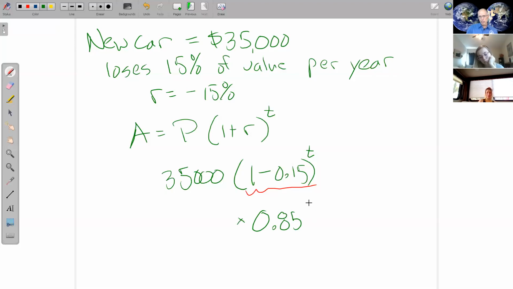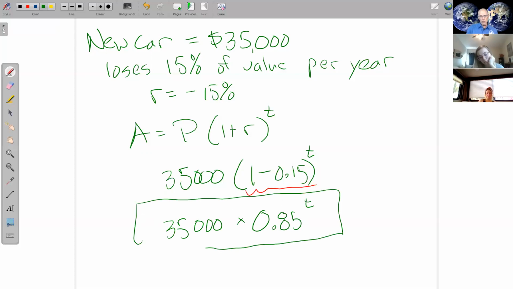So I could simply write this as 35,000 times 0.85, 85 hundredths, to the power T. So this is the formula that tells me what my car is worth. So if my wife says, hey, what's it going to be worth 5 years later? We've had it for like 3 years now, and 2 more years, 5 years will have passed. So I can just plug that into my calculator and see.